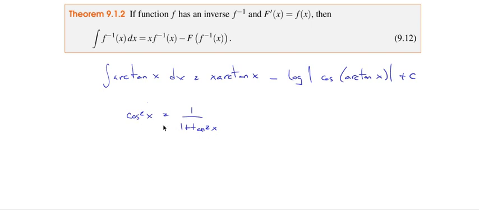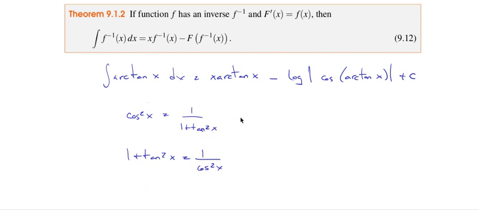That's easy to see if you compute it the other way around: 1 over the cosine squared is the sine squared divided by cosine squared plus cosine squared divided by cosine squared, since sine squared plus cosine squared equals 1. Then you solve for the cosine.